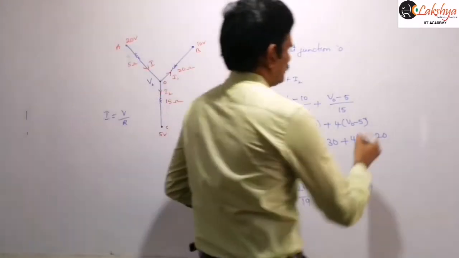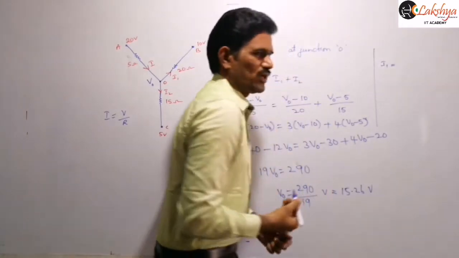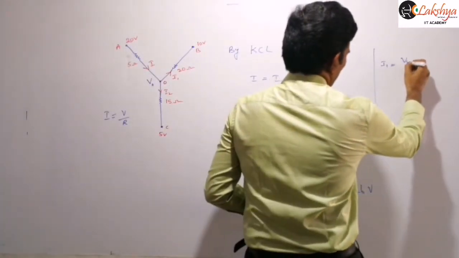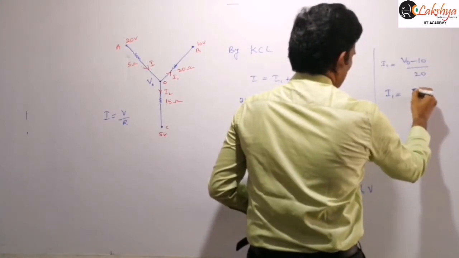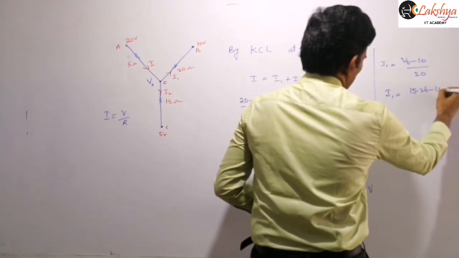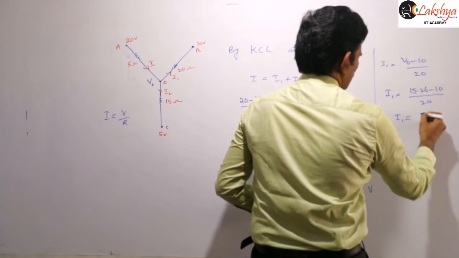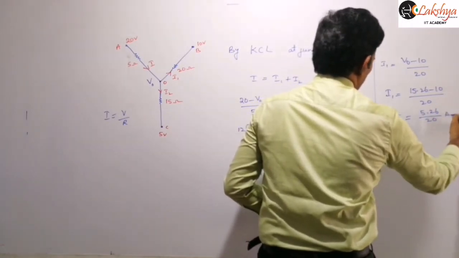Now I can substitute, if you want to find this I1 value. I1 means V naught minus 10 by 20. That is nothing but 15.26 minus 10 by 20. So then it is 5.26 by 20 amperes.